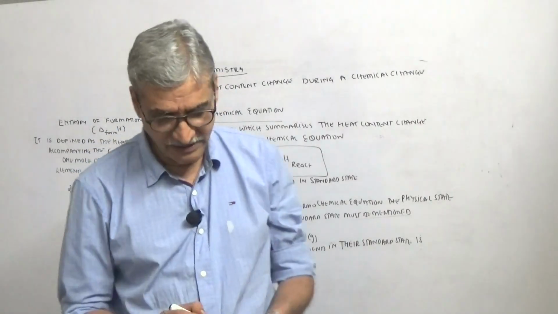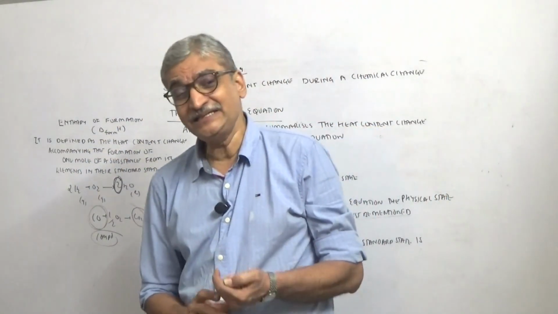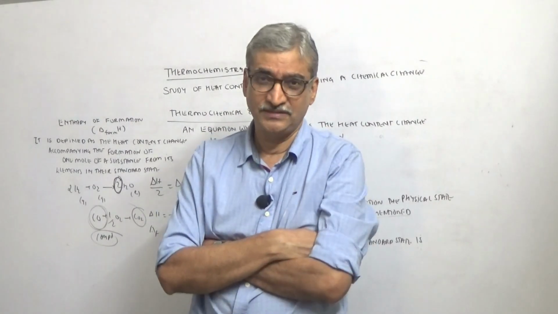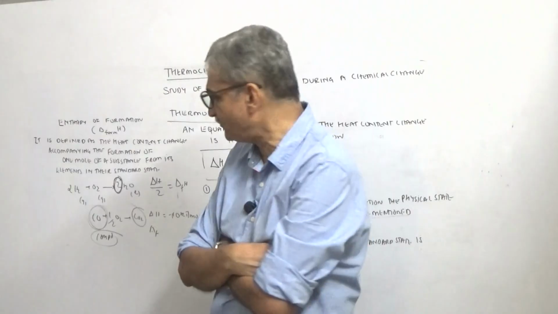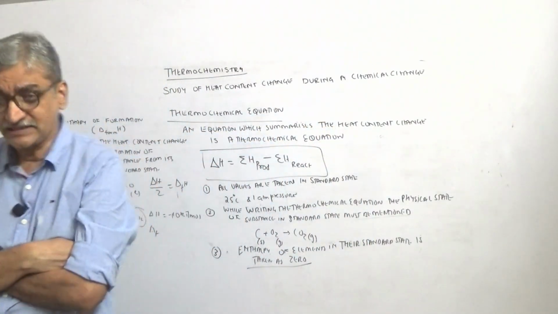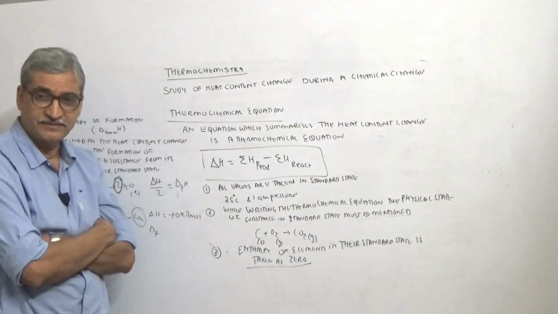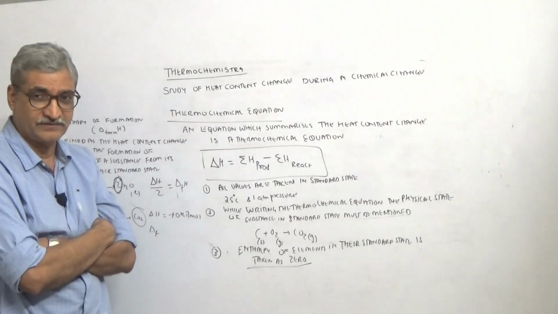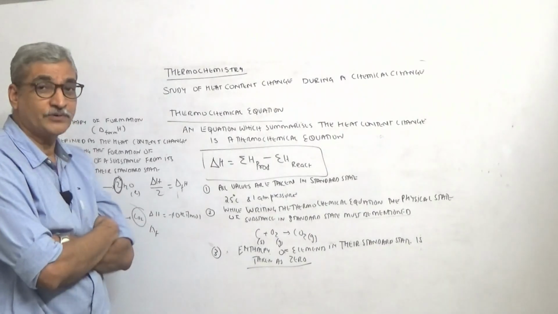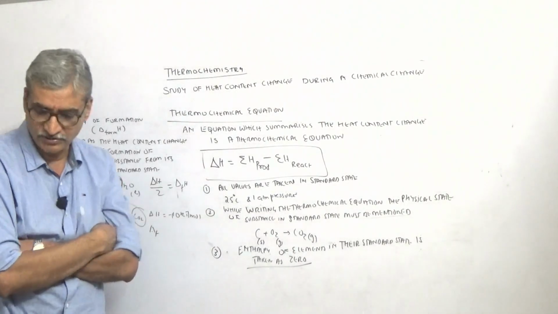Our definition says that your reactants have to be elements. Product has to be 1 mole. Two conditions have to be fulfilled. Your reactants have to be elements in their physical state at 25 degrees centigrade, whatever they are, and 1 mole of the product should be formed.